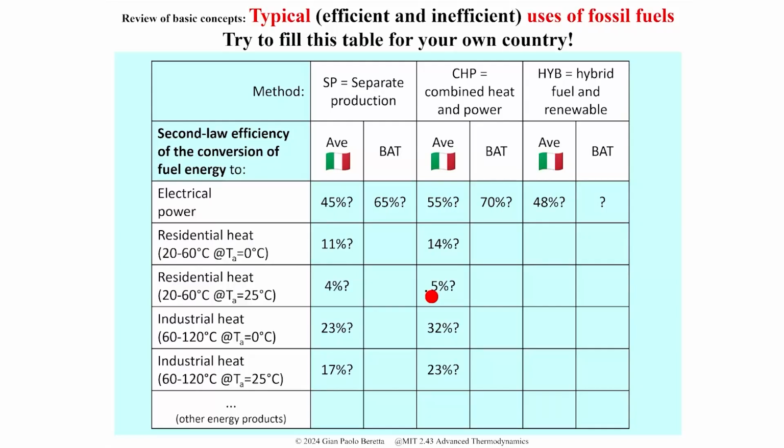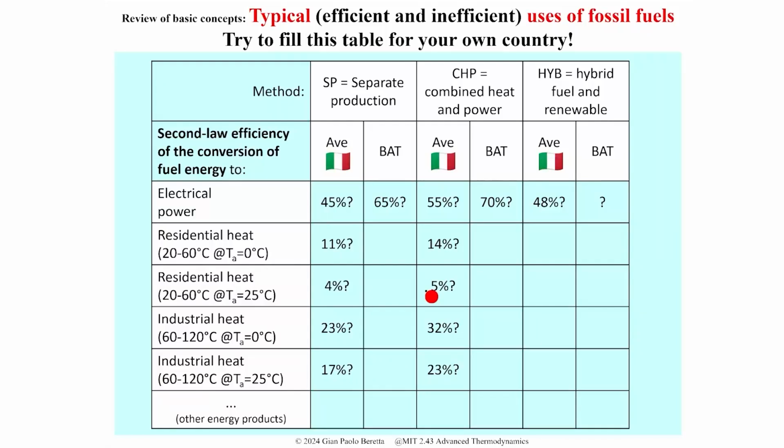So you see, every local area, that could be a nation. For example, here I've put some numbers and the flag for Italy, and if you have a preferred country, you can do this table.